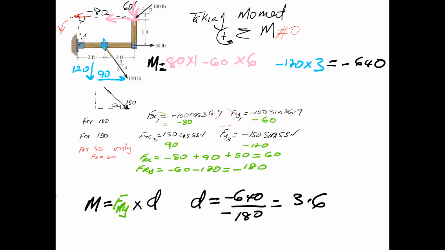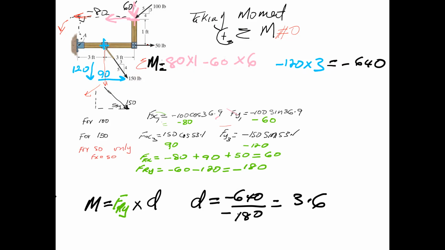So it's coming down, so it's a force against the distance, which is 3, and equal to minus 360. So you get minus 360 for your moment, as the sum of the total moment.